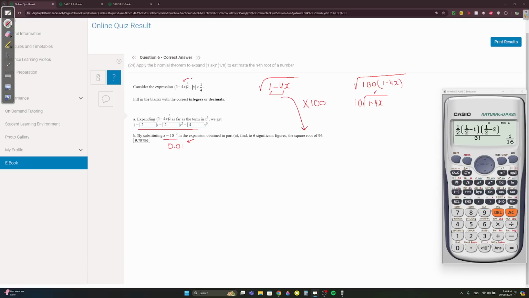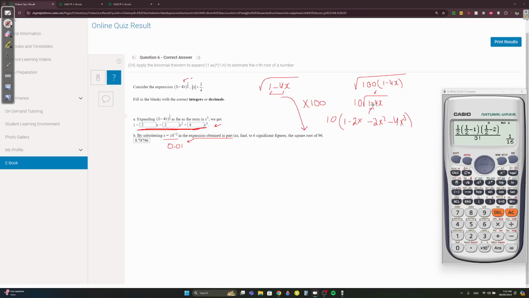Didn't we already expand this 1 minus 4x earlier, and we got this, right? They're saying also use the expansion used in part A. So can't we just say it's 10 times 1 minus 2x minus 2x squared minus 4x cubed, right?